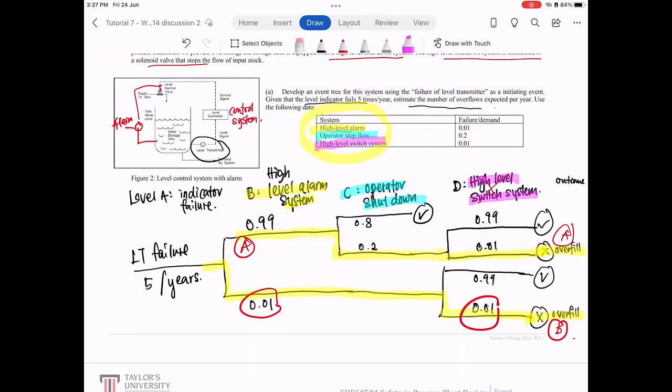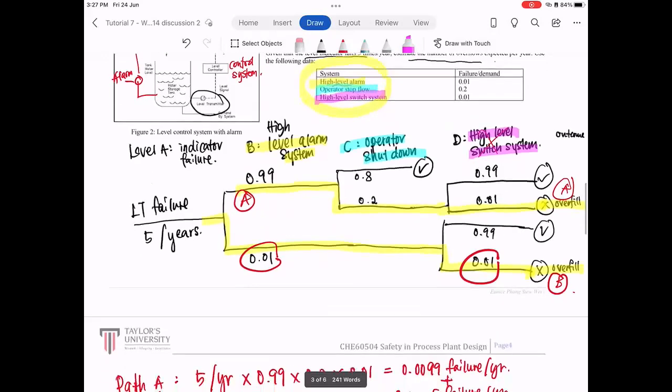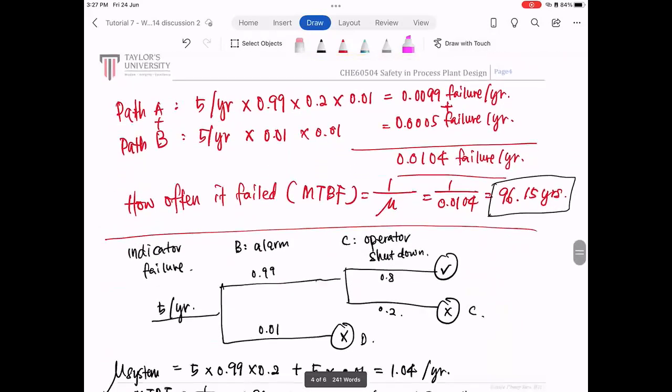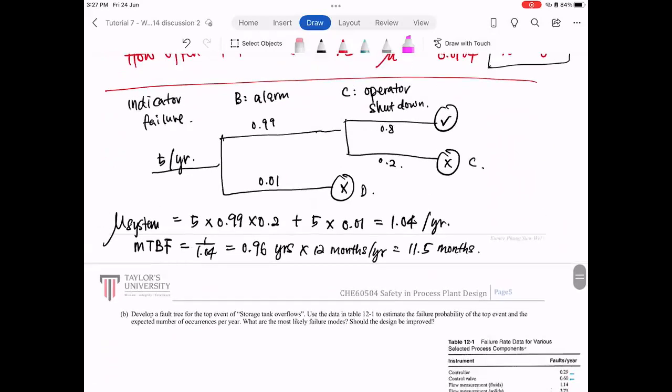So this chapter focuses a lot on probability in accidents, in preventing accidents or incidents from happening. Any questions, class? So this is the purpose of an inventory. You start with an event.